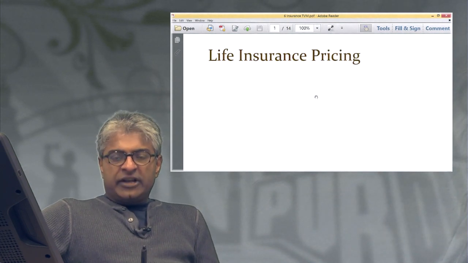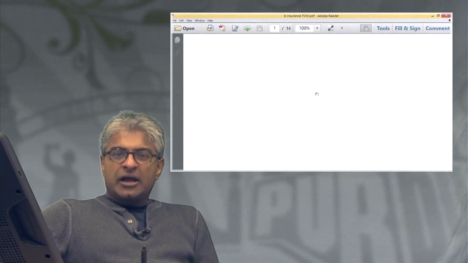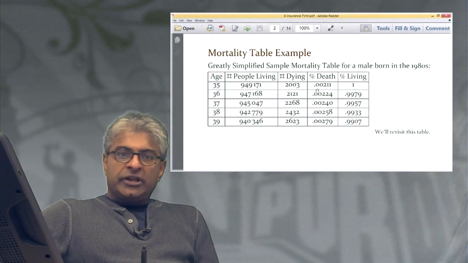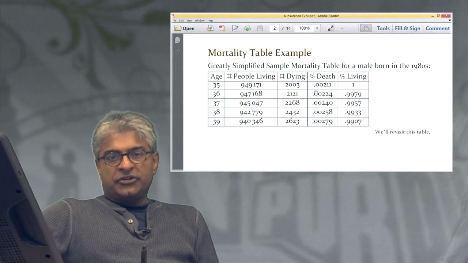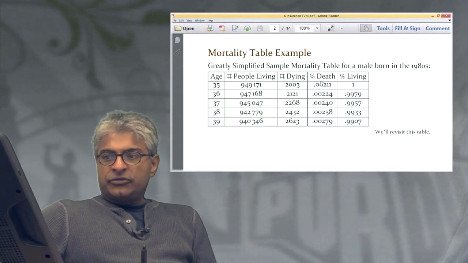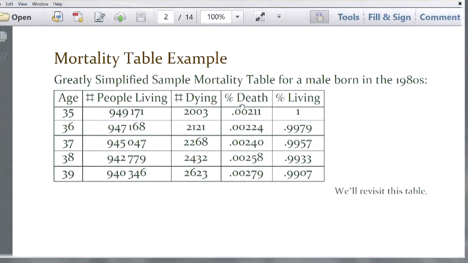They're fairly straightforward applications of time value of money: present value of annuity, future value of annuity, present value of single sums, and future value of single sums that we've already discussed in other videos. So, that said, let's start by looking at a mortality table, which is the bedrock of all life insurance or insurance type problems involving mortality issues.